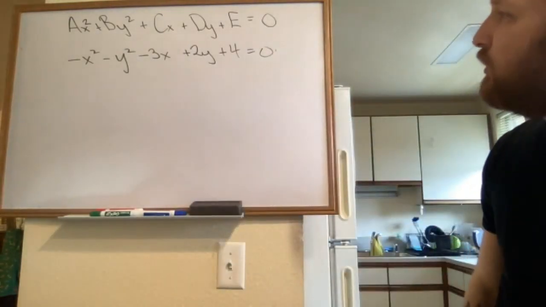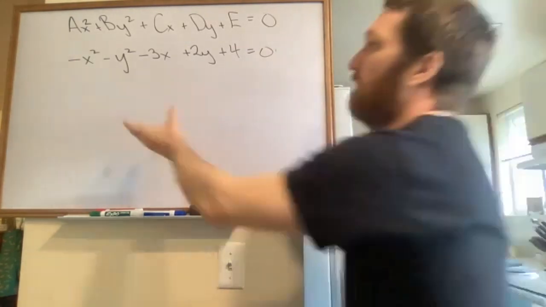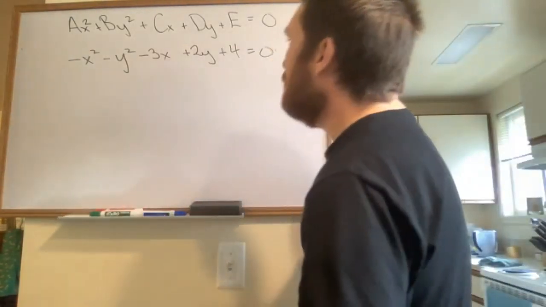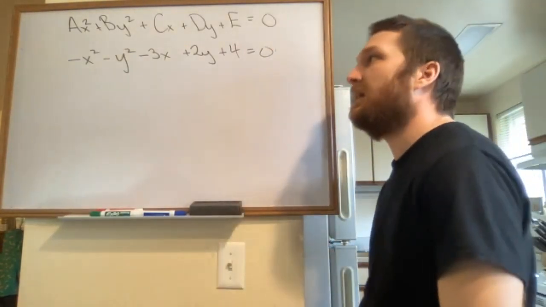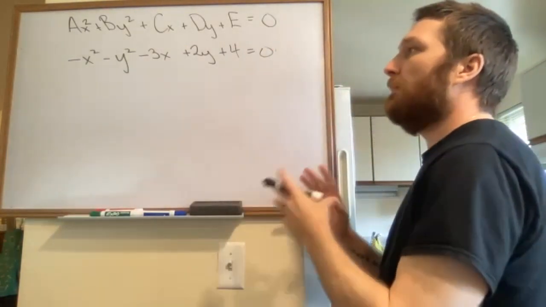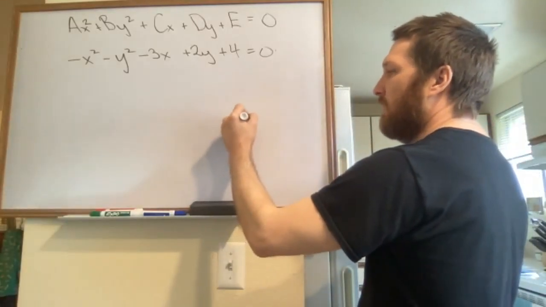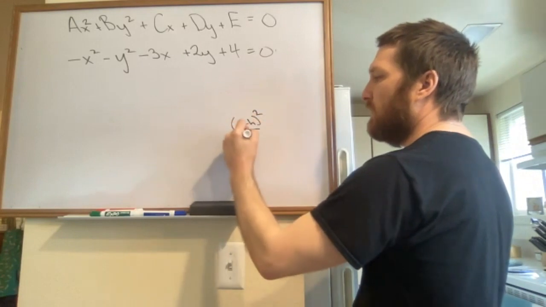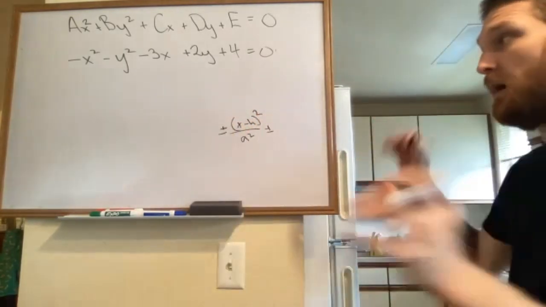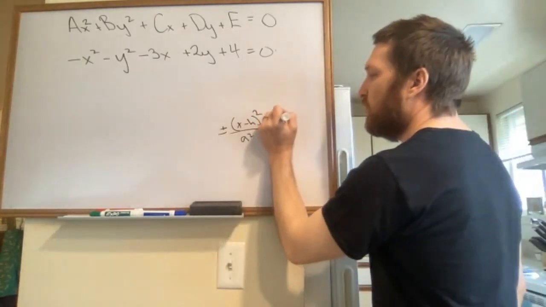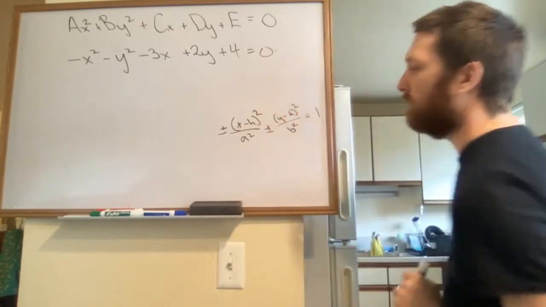I can't just look at this and say, yeah, it's a parabola, because, well, we have two squared terms. So what I'm going to do is put this thing into the form, right? To try to get it as x minus h squared over some number squared plus or minus, and these we don't know, they could be pluses or minuses, y minus k squared over b squared equals 1.